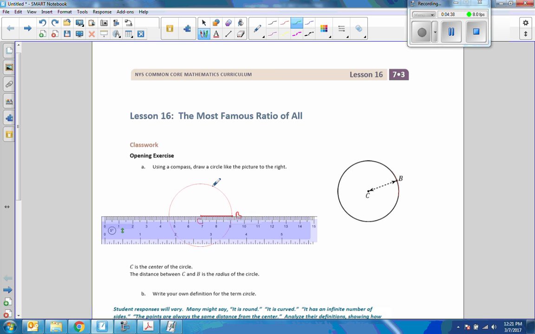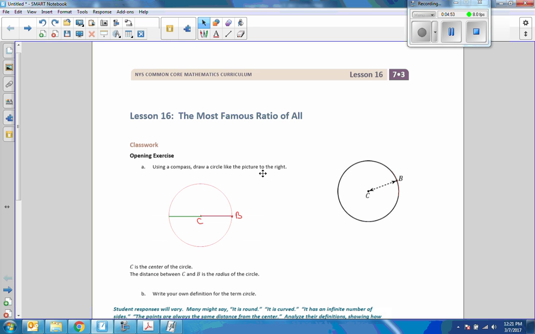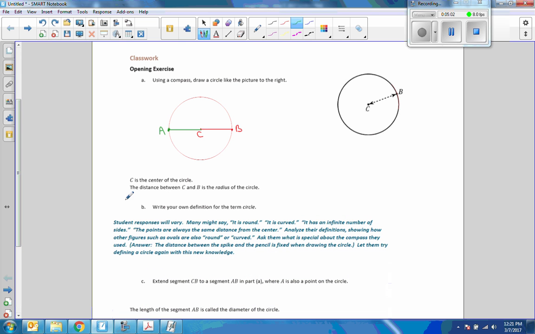If I draw it here and I come down like that, that's not a straight line. That would be an angle at the point center. So the only possibility would be to draw a line this way. And now I would have to name this point right here A. So that's what it asked me to do, just down here on part C.